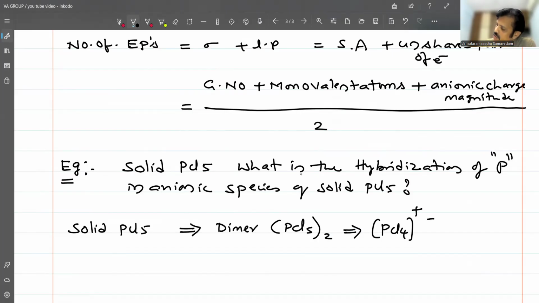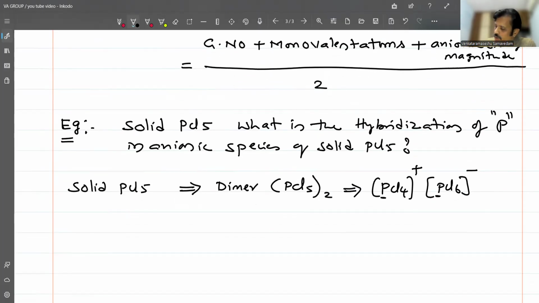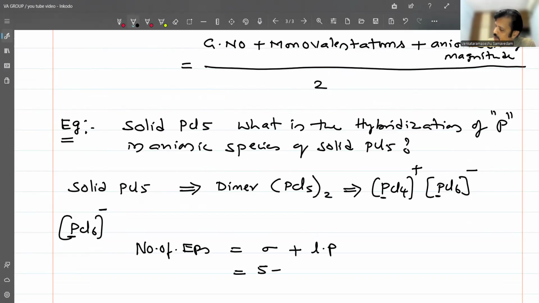That means it can be written like PCl4 plus, as I gave you one example earlier, and PCl6 minus. So one phosphorus anionic species is there, one phosphorus cationic species is there. If I want to find the hybridization of phosphorus in the anionic species, I have to find the number of electron pairs, which is nothing but sigma bonds plus lone pairs. The group number is 5.